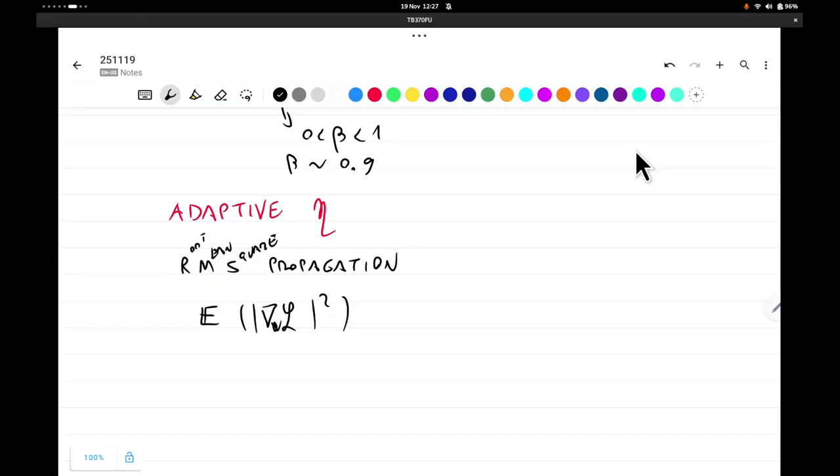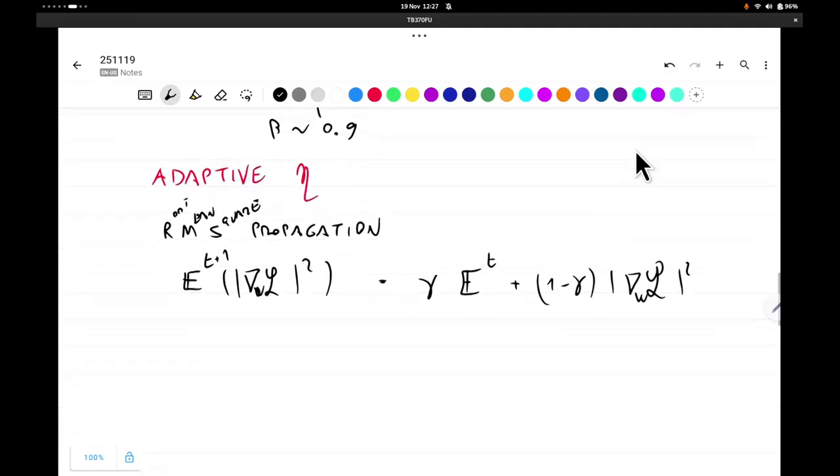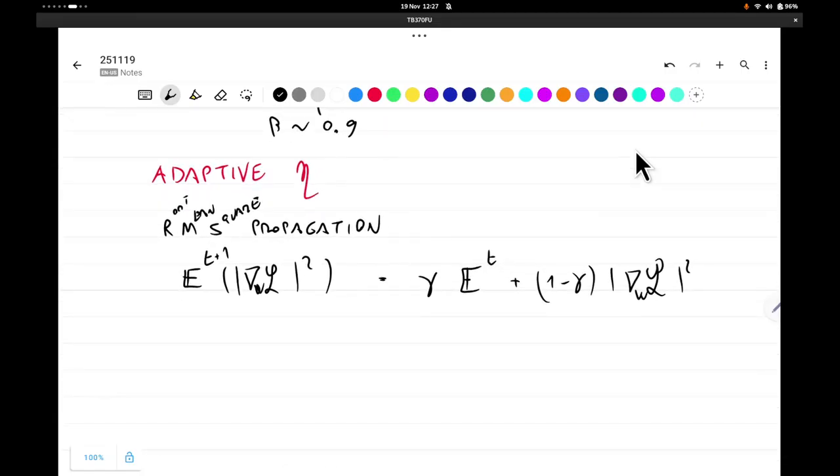So we define this thing as a combination of the expected values at the previous step. So this would be the eta at t plus 1, the one at t, plus 1 minus gamma times the current gradient square.